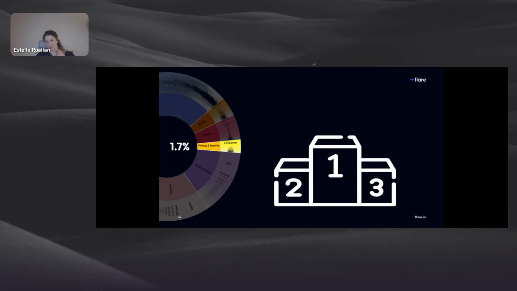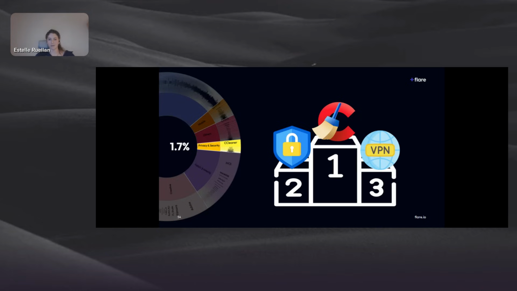In the top three types of software inside the category, we had cleaning utilities such as CCleaner. We had antiviruses, very well-known names like Avast or Malwarebytes. And we also had very well-known VPNs such as NordVPN or others. In this category, you could also see some spoofers and other utilities related to, quote-unquote, privacy.